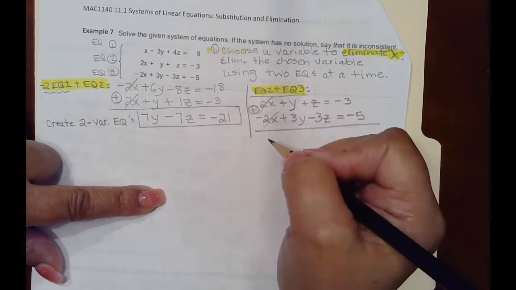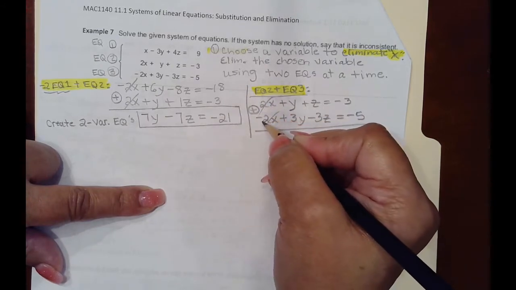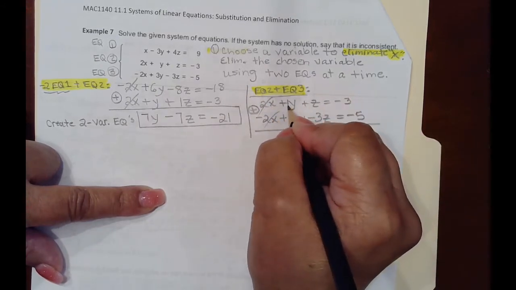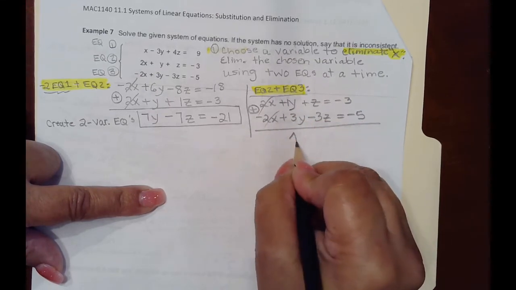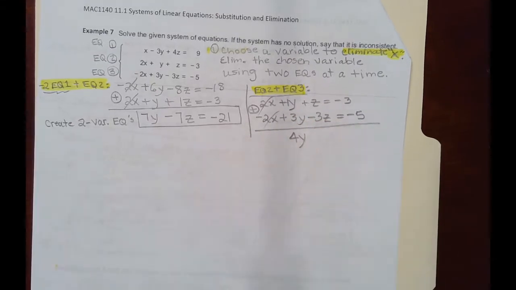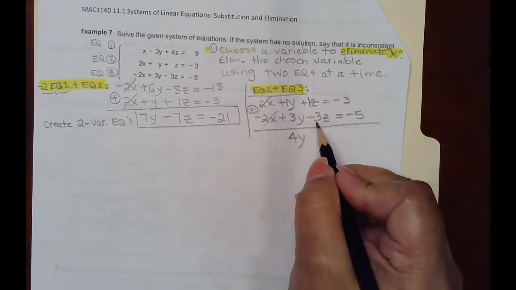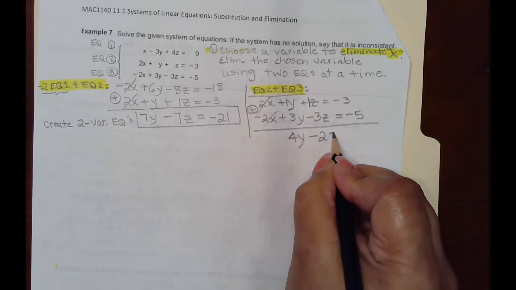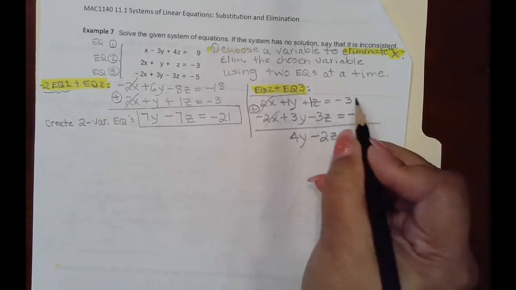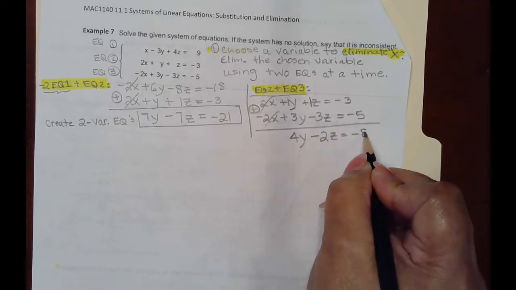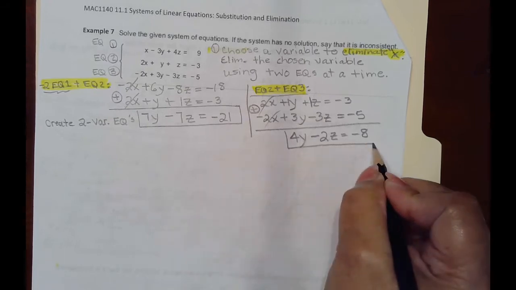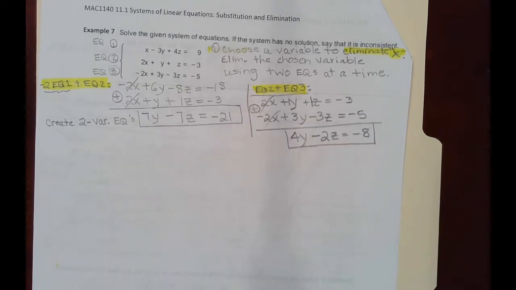So these cancel because they're opposite signed coefficients. And then this is 1y plus 3y, that's 4y. And then positive 1z minus 3z is negative 2z. And then this plus this is negative 8. So now I have another 2-variable equation.